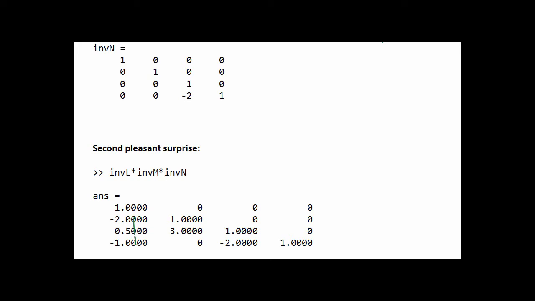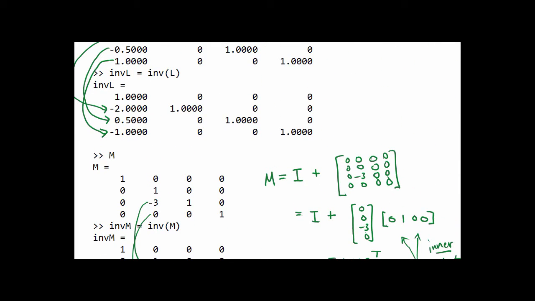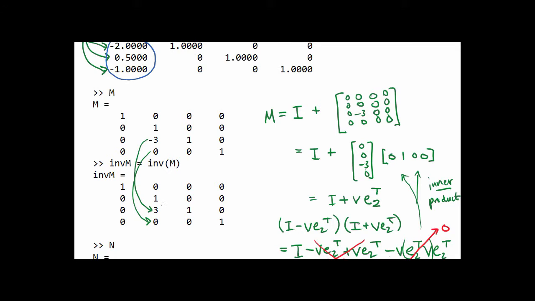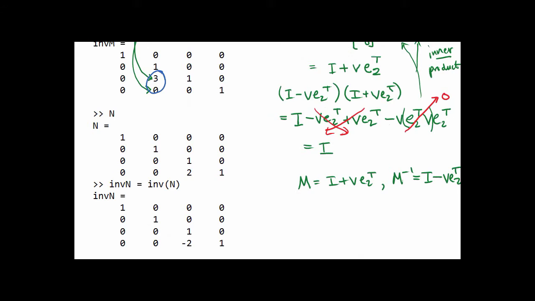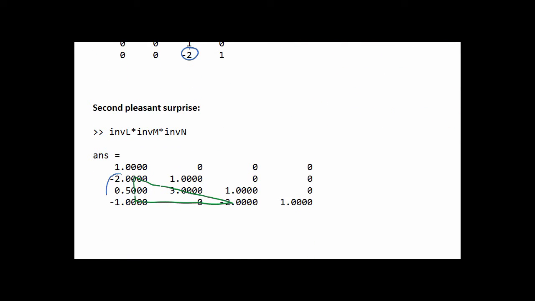In other words, the elements that appear below the diagonal here are just exactly the ones that appeared in L inverse, M inverse, and N inverse. They're exactly the same as these numbers.